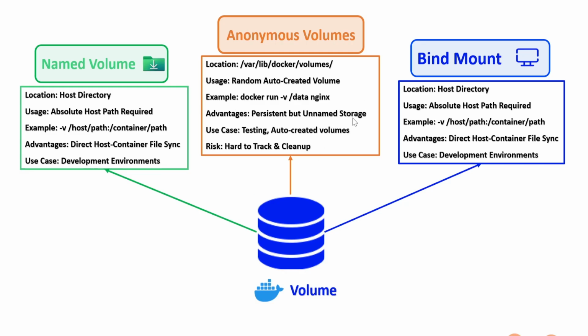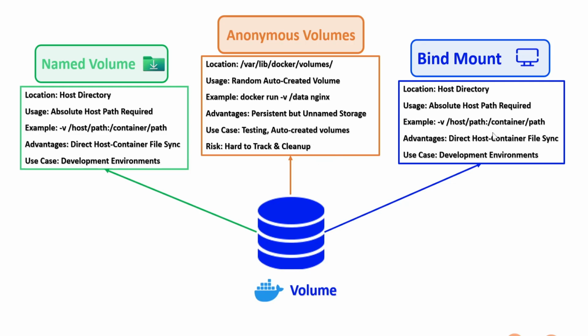So there is no name for your storage. Whatever data you store will be stored inside the anonymous volume. If you want to reuse that volume, you have to trace it, and it is not easy to trace and manage. That's why it is not recommended and is just for testing purposes. Nobody is going to use it in production or development.